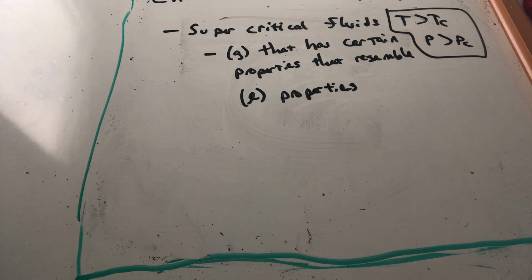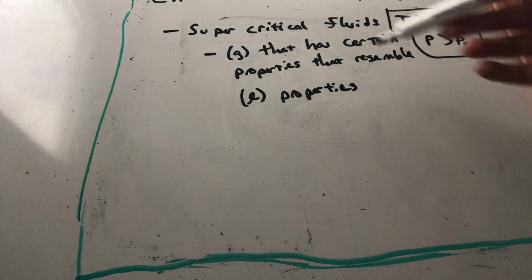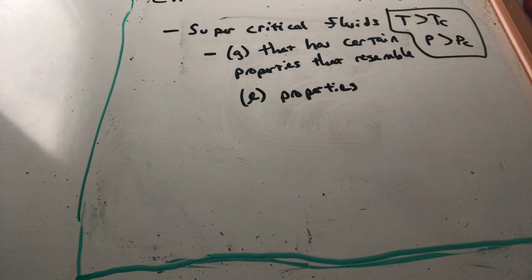Just think about it as being condensed so much that it starts to pick up liquid-like properties, but it's definitely still a gas. We could talk about effusion, diffusion, viscosity if we wanted to get into more detail, but I don't really want to. So this is all you need to know. Just know that experimentally some interesting things happen because you're condensing a gas, but it stays a gas while picking up liquid properties. Supercritical fluids.